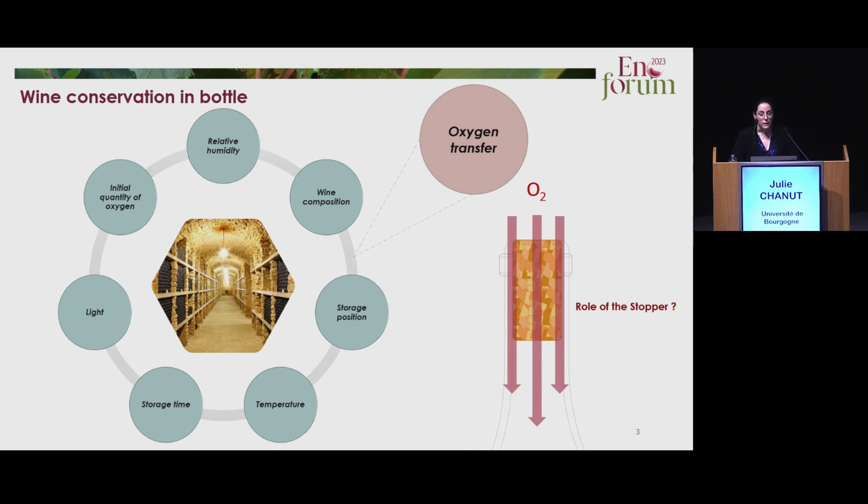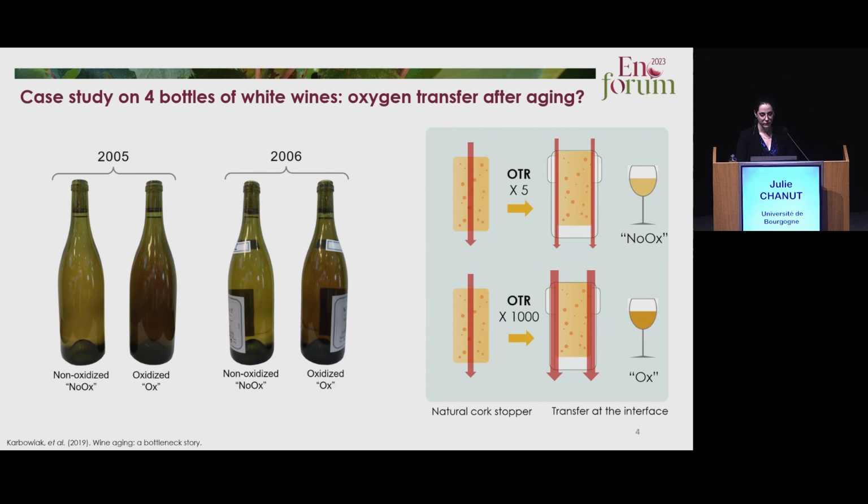One of the most important parameters is the transfer of oxygen from outside to the inside of the bottle through the stopper. So we could investigate and must investigate the role of cork and in general of a stopper for the transfer of oxygen.